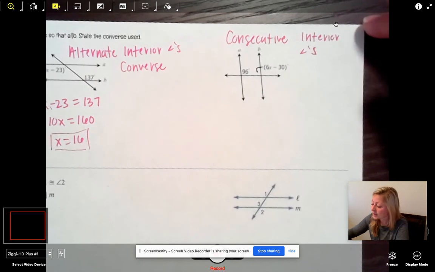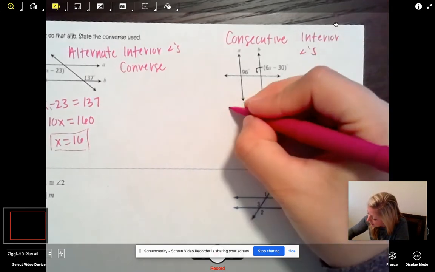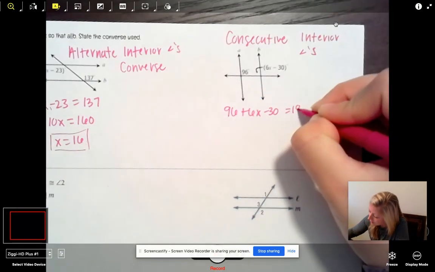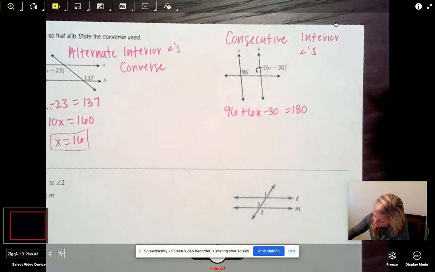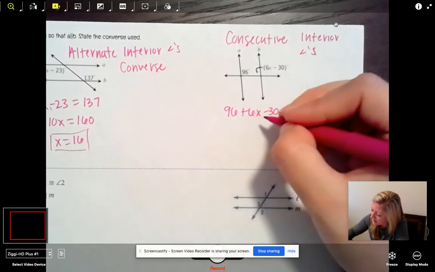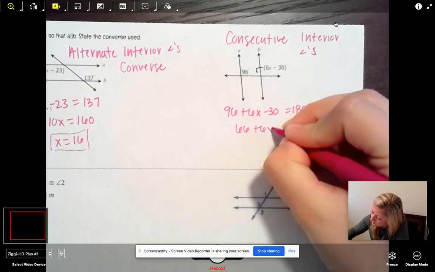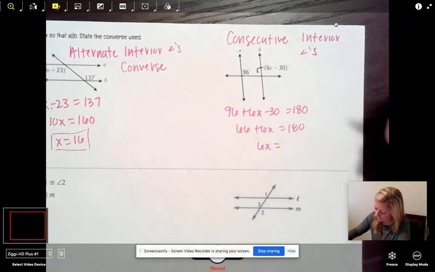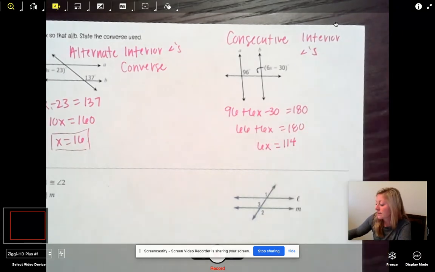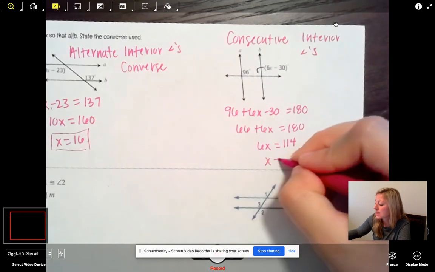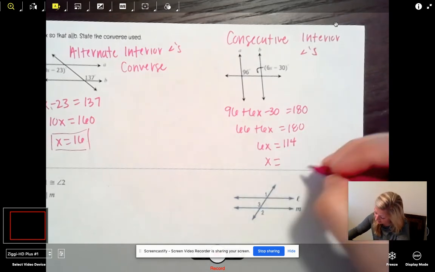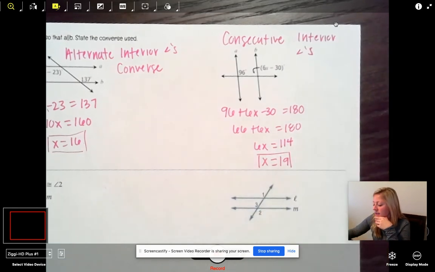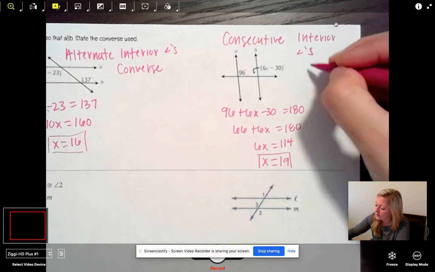Remember, these are the odd guys that do indeed add to 180. We add our like terms, 96 minus 30 is 66 plus 6x. Subtract over your 66 and we should get 114. Divide by 6. 114 divided by 6 is 19. So we found the value of x, and we use the consecutive interior angles converse.